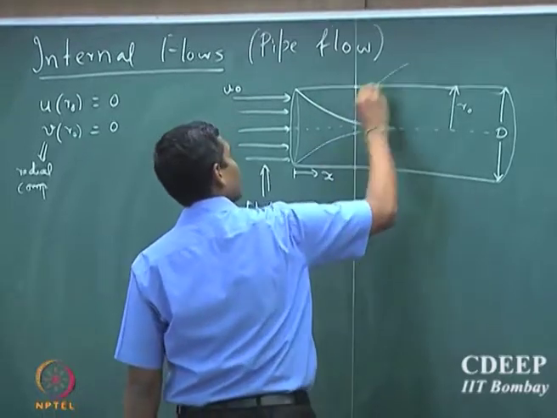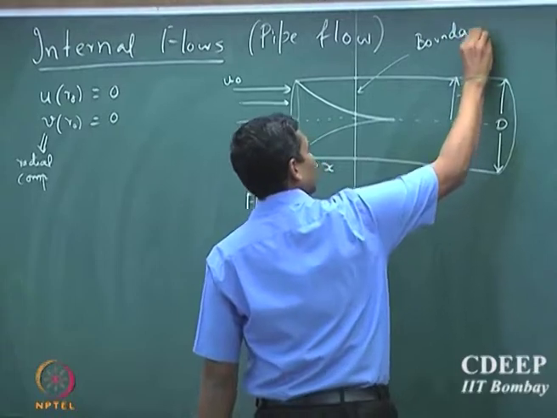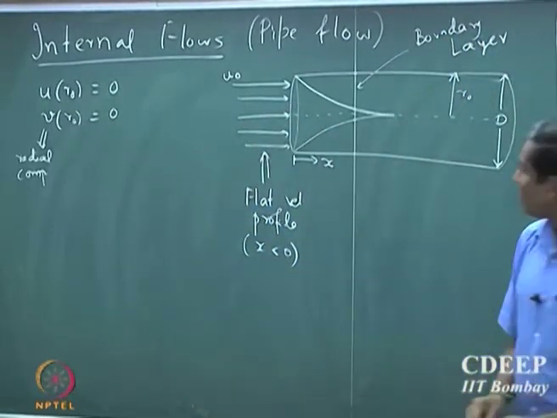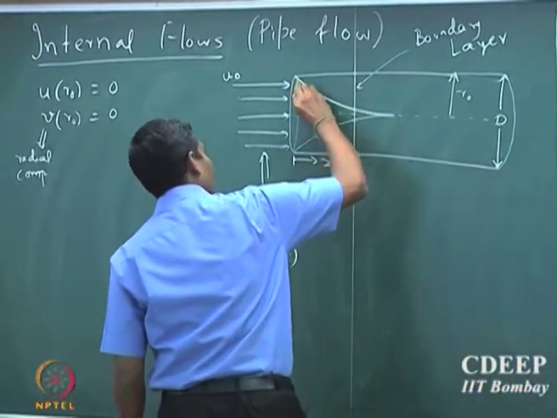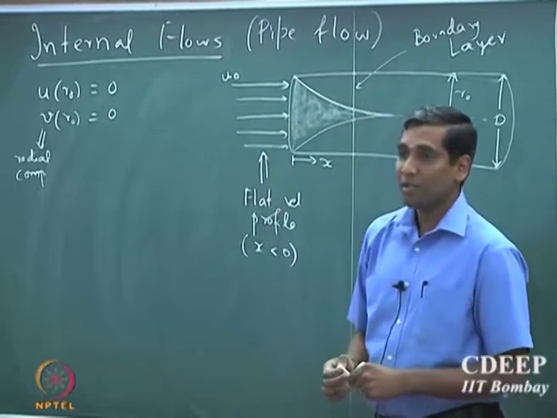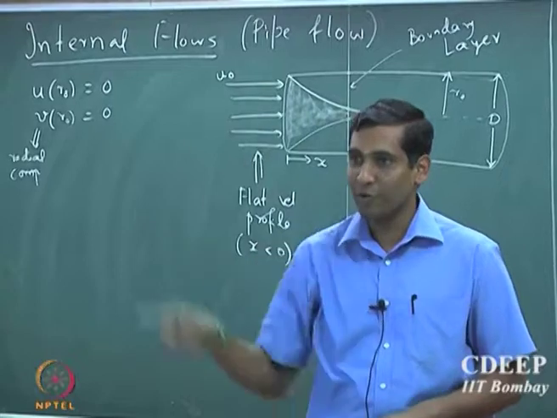So that is the boundary layer. What you see here, note that it is a circular tube, so the boundary layer will be present at every location on the rim of the tube.